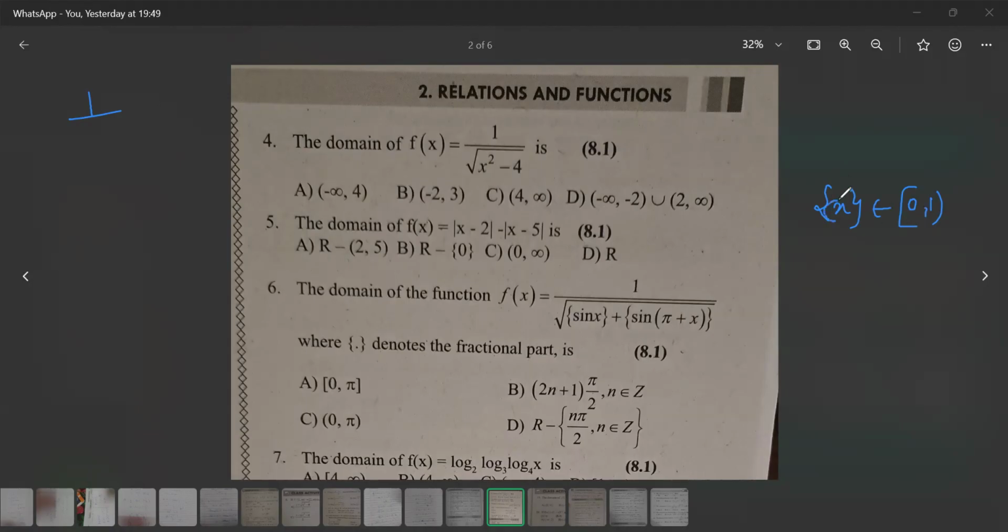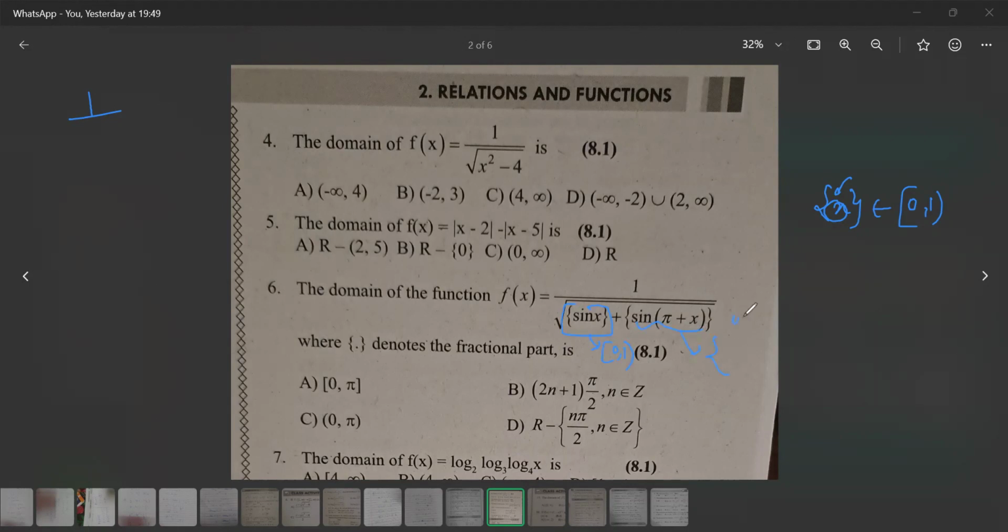If x is defined, whatever function is written inside this bracket, if that is defined, then it will give you a number between 0 to 1, right? Here also, whatever function is written there, we will get a value between 0 to 1.